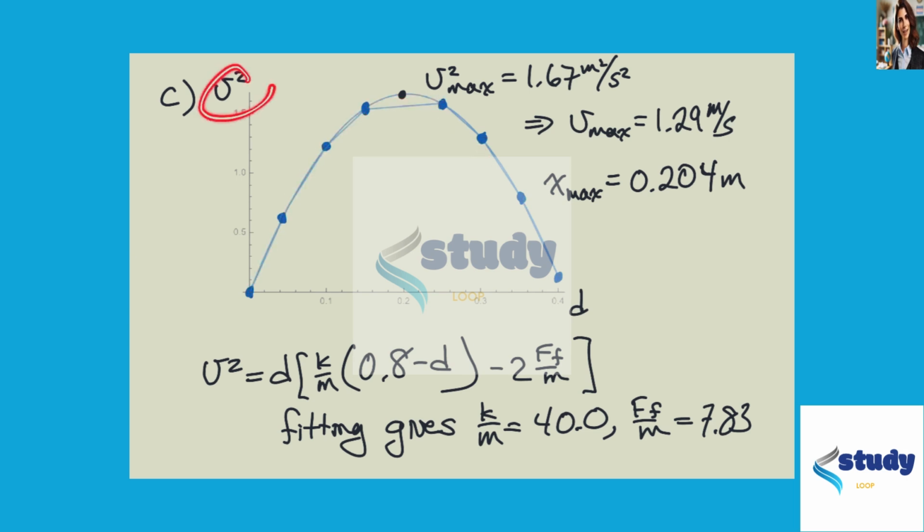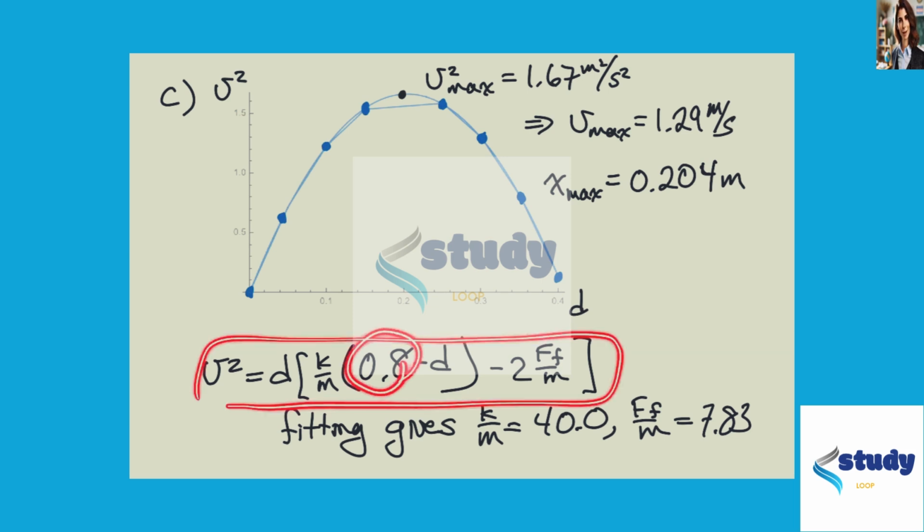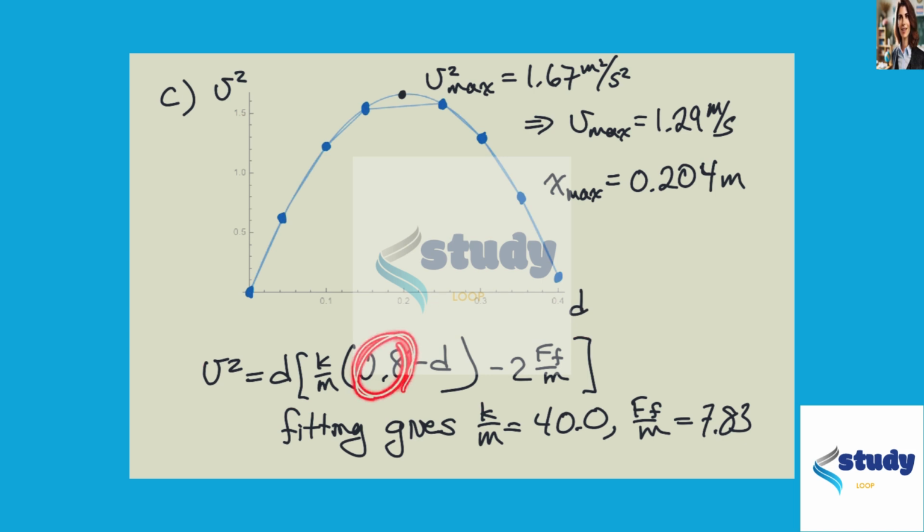Okay, so this is v squared versus d, and then I took this function here, substituted in the value for d naught, and then had the computer fit this function to this data, doing I think a least squares fit, basically saying that d is our variable, and k over m and ff over m are unknown fitting parameters.